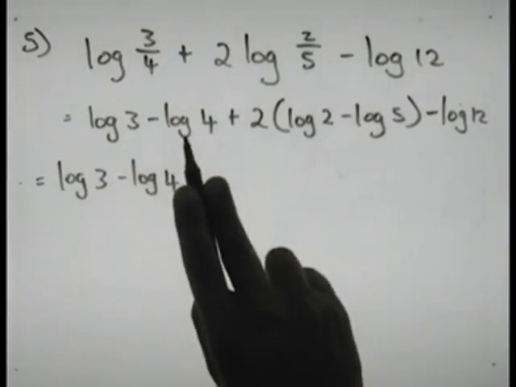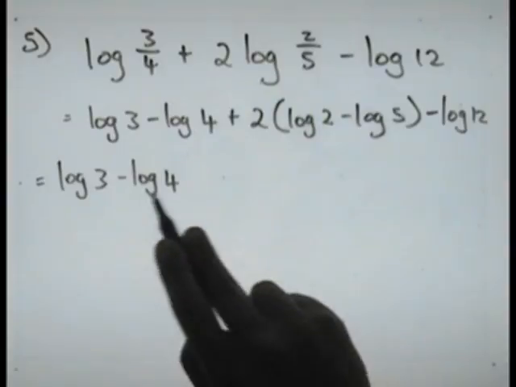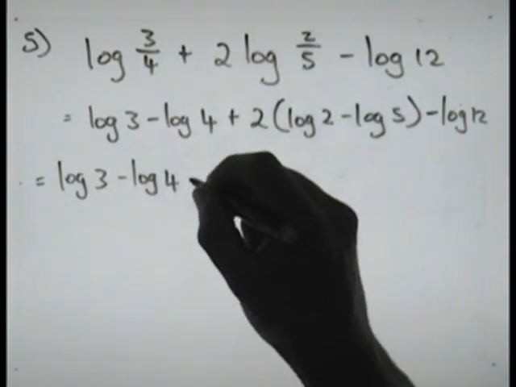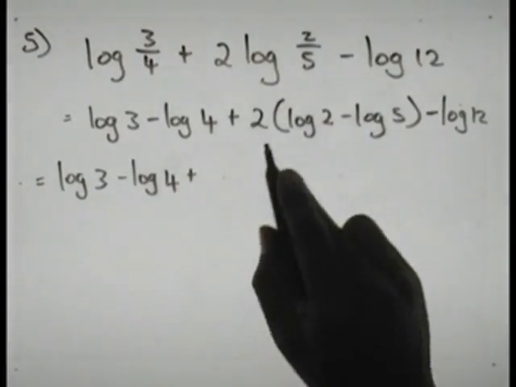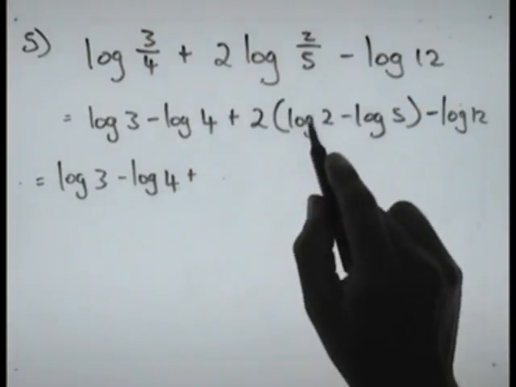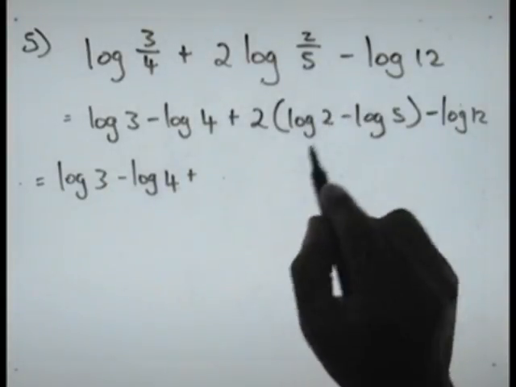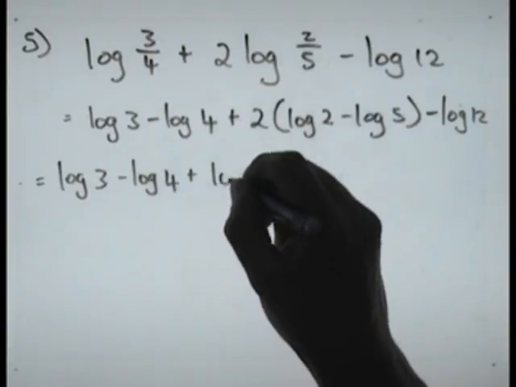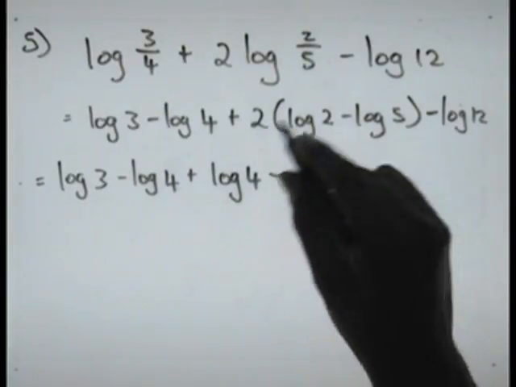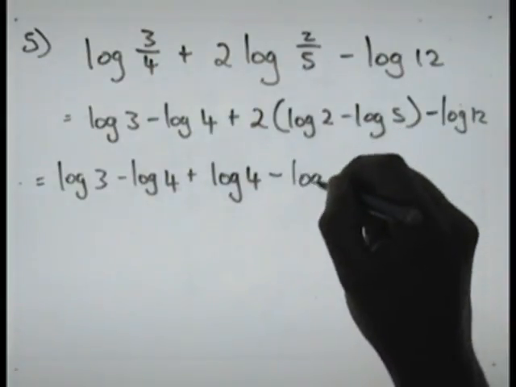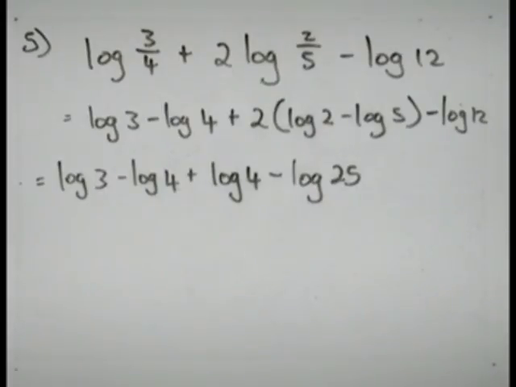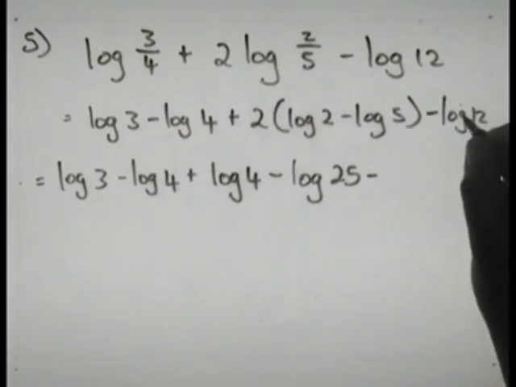Because I've got a log 3 and a log 4 involved there, I'm going to multiply that in. So that's going to become plus 2 log 2, which is the same as log 2 to the power 2, which is the same as log 4, minus 2 log 5, which is the same as log 5 to the 2, which is log 25, minus log 12.